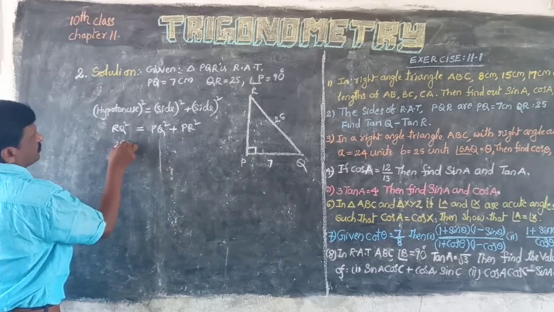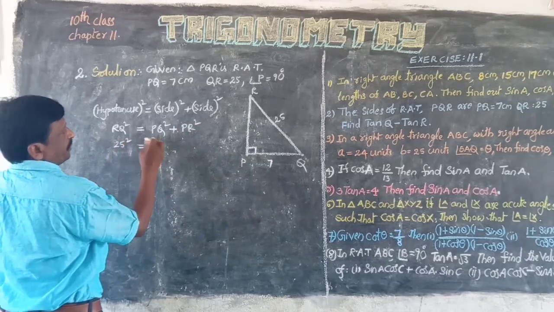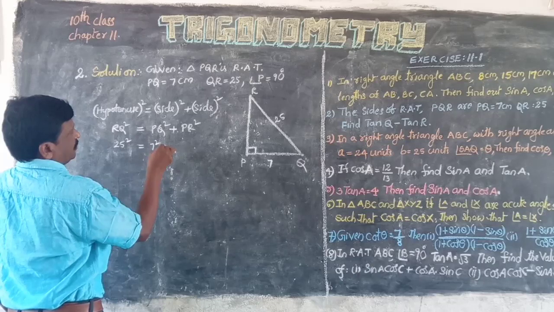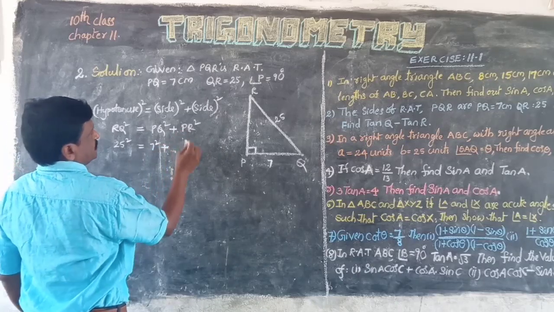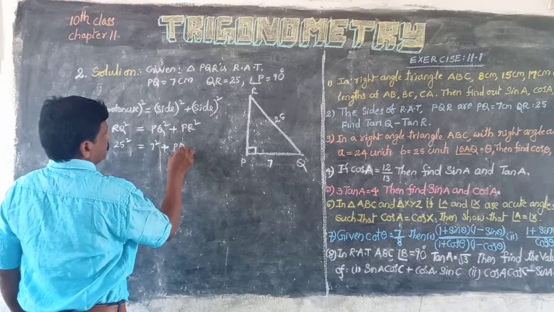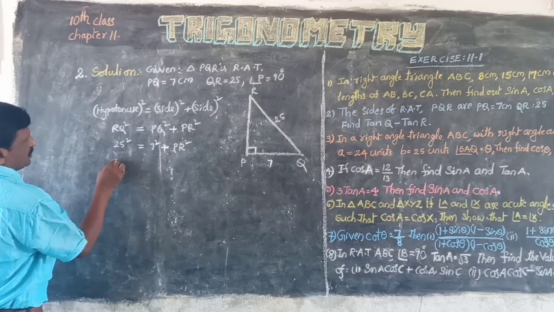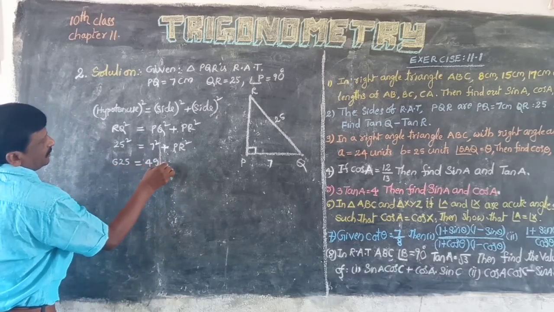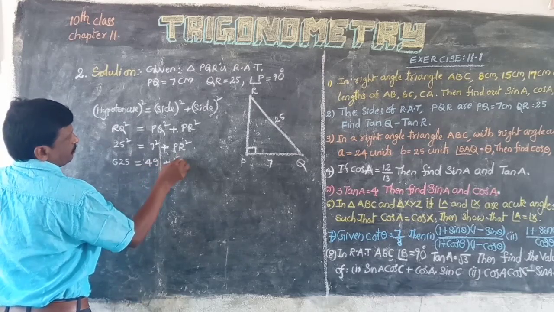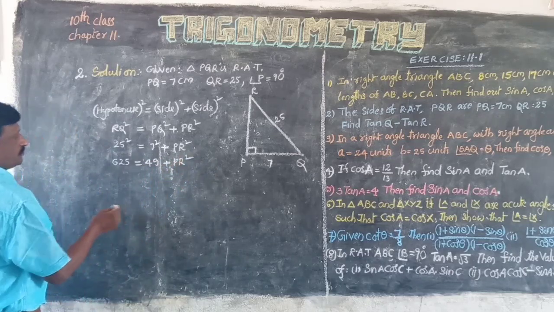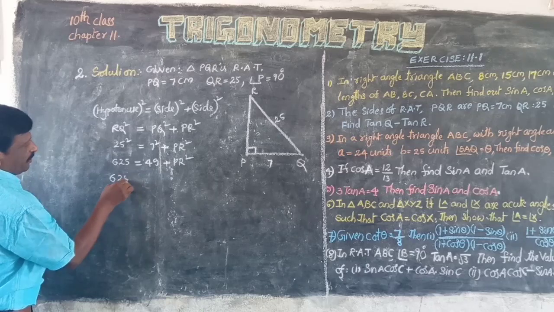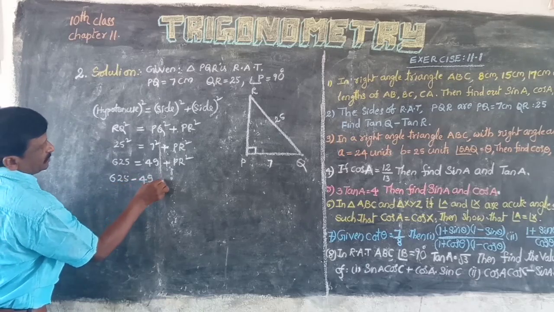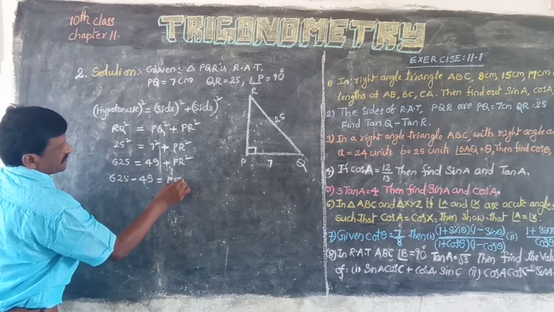This is 25 square, PQ 7 square plus PR square. So 625 is equal to 49 plus PR square. So 625 minus 49 is equal to PR square.